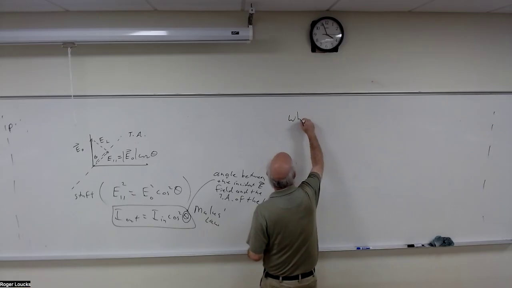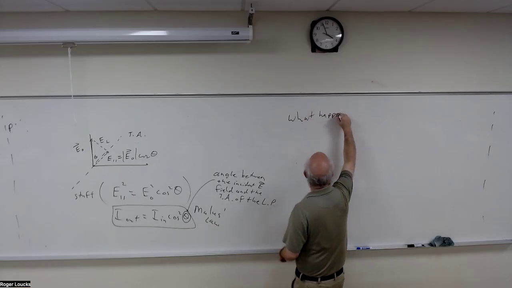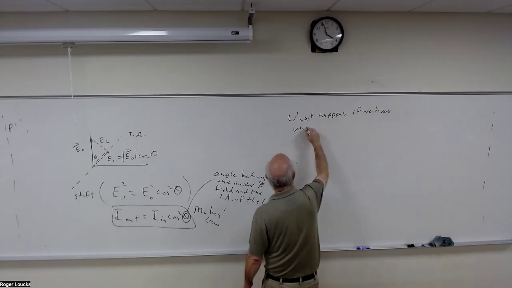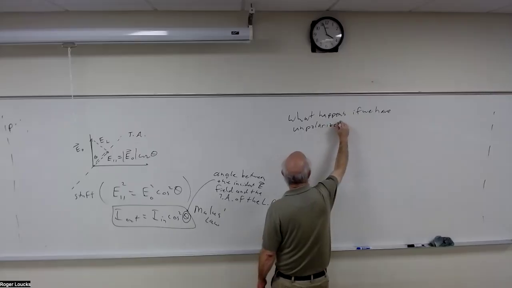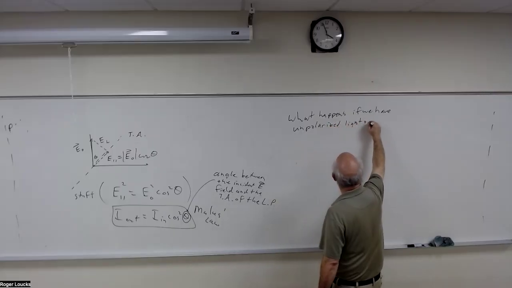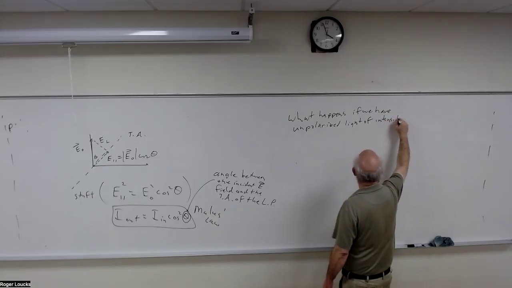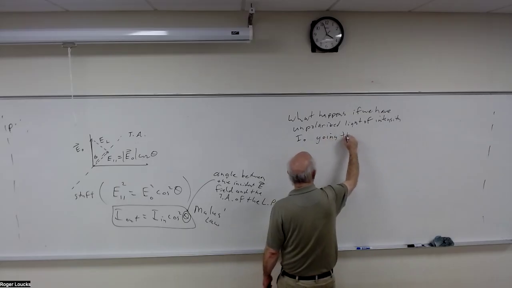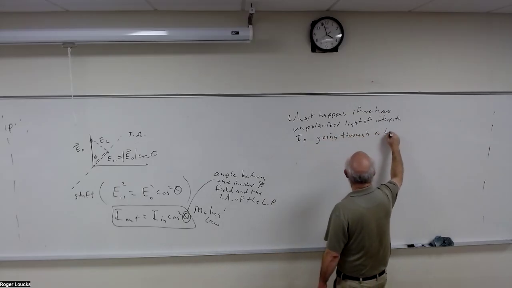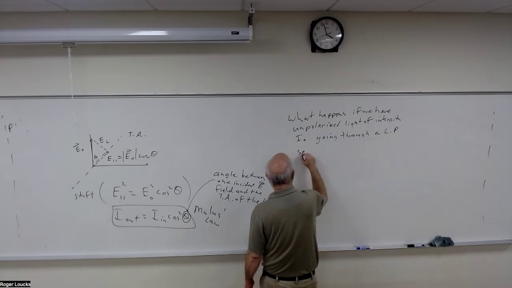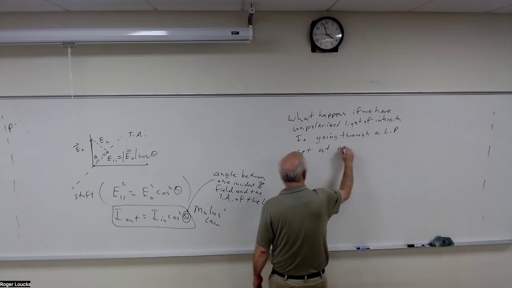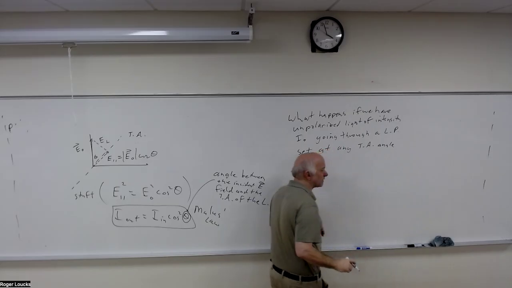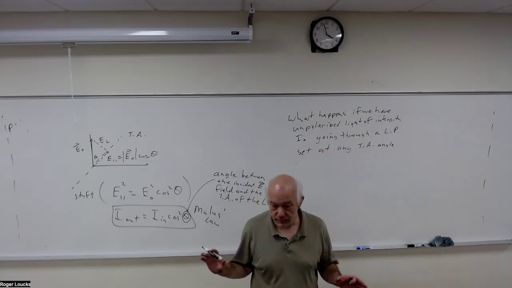So let's ask, what happens if we have unpolarized light of intensity I naught going through a linear polarizer set at any transmission axis angle. So I don't even care about how that transmission axis is set up. It can be anything.